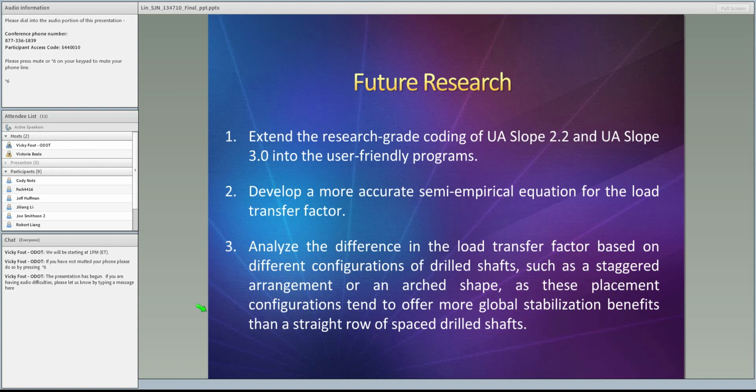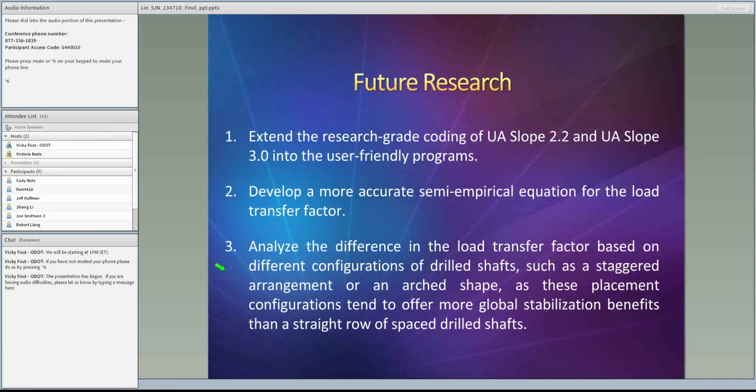And using multiple rows of drilled shafts can eliminate this. However, if we choose, for example, a staggered pattern of drilled shafts, maybe this is much more effective, and it much minimizes the construction cost, instead of using multiple rows of drilled shafts or drilled shafts and anchors or a combination or something.